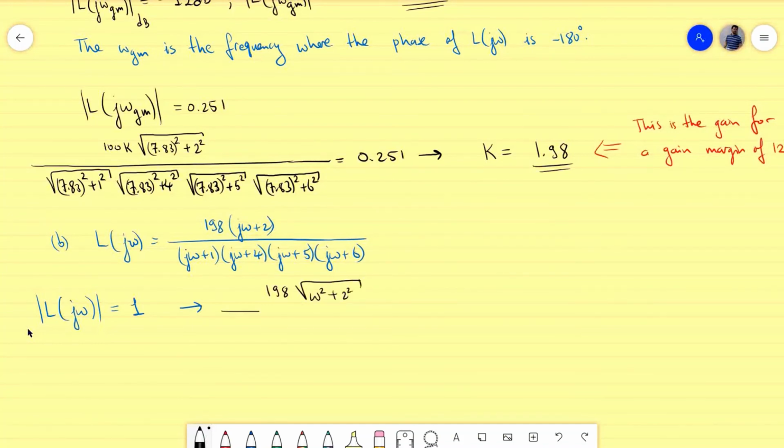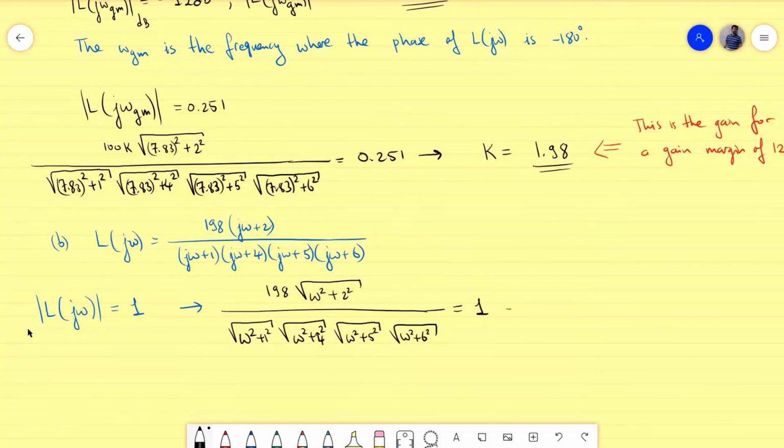Again, a similar analysis with square roots, and square roots, and square roots. This time I equate it to 1, which is 0 dB, over the square roots of omega squared plus 1 squared, omega squared plus 4 squared, omega squared plus 5 squared, and then omega squared plus 6 squared.